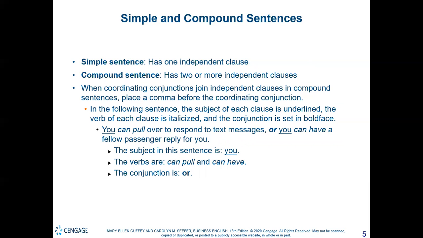In the following sentence, the subject of each clause is underlined, the verb of each clause is italicized, and the conjunction is set in boldface. You can pull over to respond to the text message, or you can have a fellow passenger reply to you. The subject in this sentence is you. The verbs are can pull and can have. The conjunction is or.